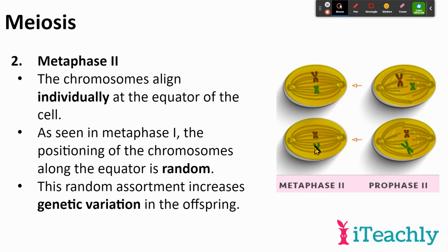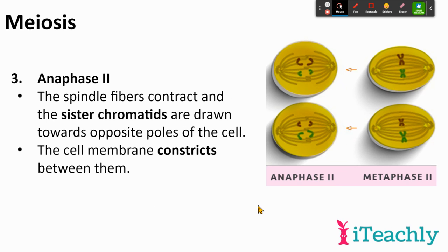So the way they line up here is also random. Okay, and then the spindle fibers contract, and the sister chromatids are drawn towards opposite poles of the cell, and then the cell constricts between them.